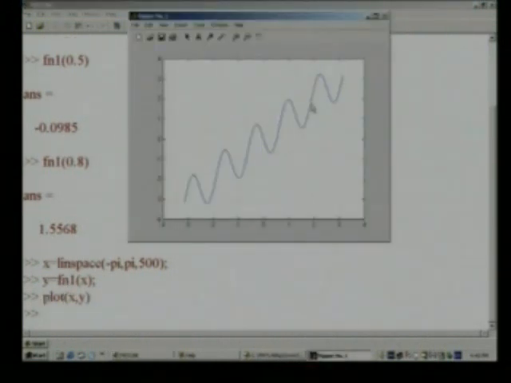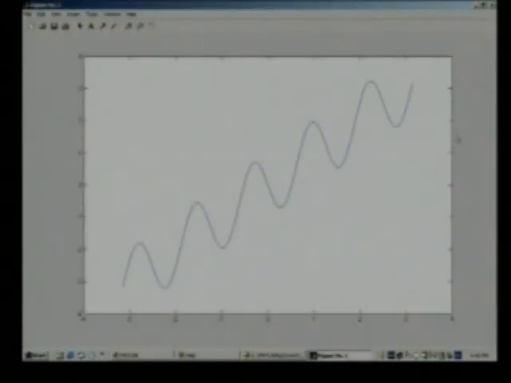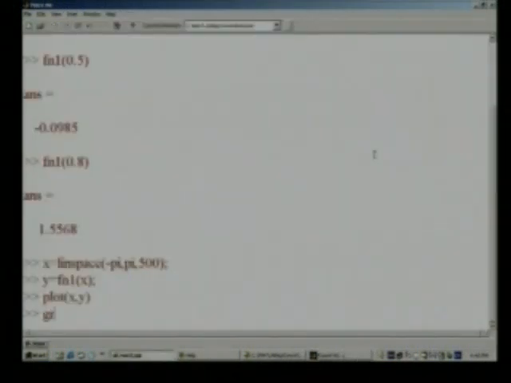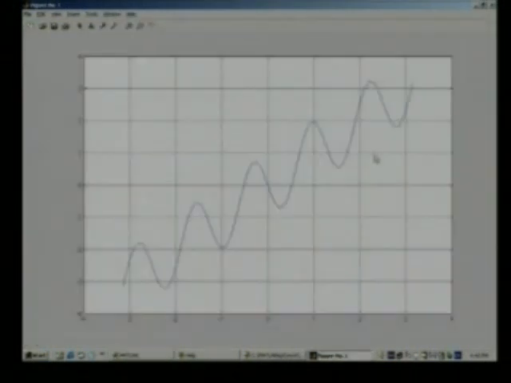Now let me plot x and y. Wherever it is 0, that is my solution. Let me write grid on. What are the points? It is 0 at 1, 0 at 2, and 0 at 3. So the function is actually 0 at 3 different points.